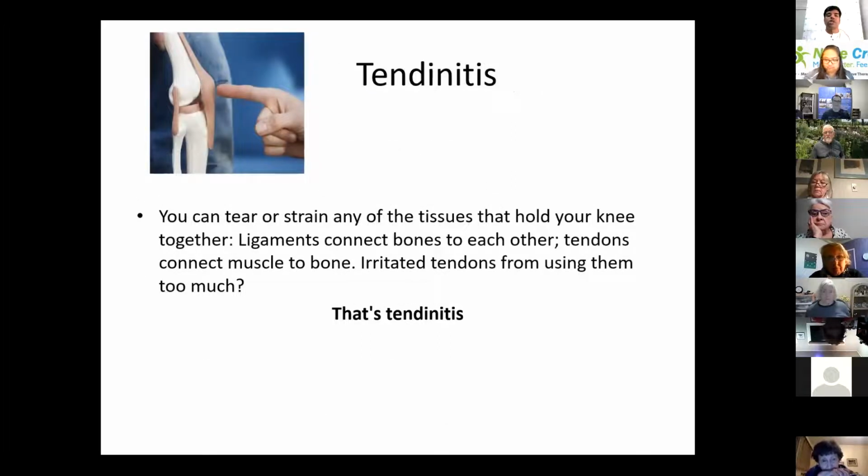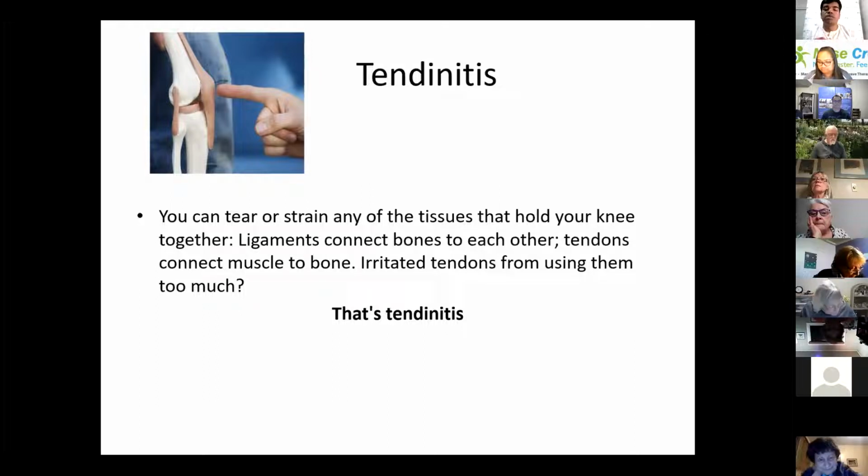Next one, tendons, so tendonitis. If you're seeing here, this is the thigh muscle, where it is ending as a tendon. Ligament connects bone to bone, whereas tendon connects muscle to bone. In medical terms, itis means inflammation, so tendonitis is inflammation of the tendon.